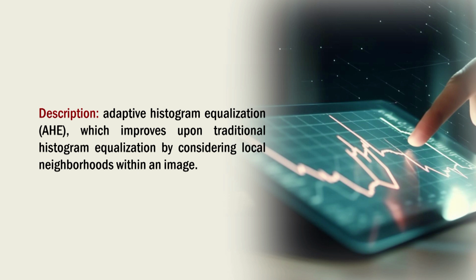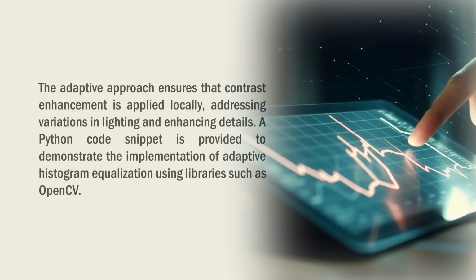The adaptive approach ensures that contrast enhancement is applied locally, addressing variations in lighting and enhancing details. A Python code snippet is provided to demonstrate the implementation of adaptive histogram equalization using libraries such as OpenCV.